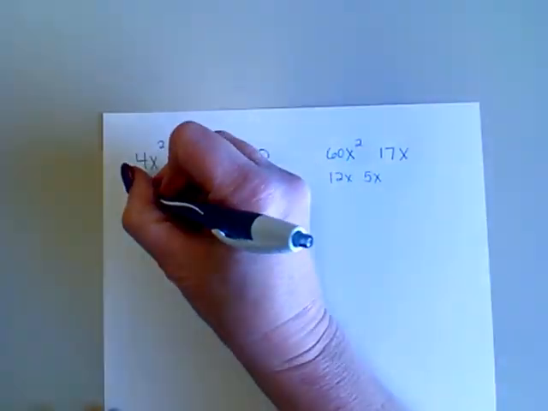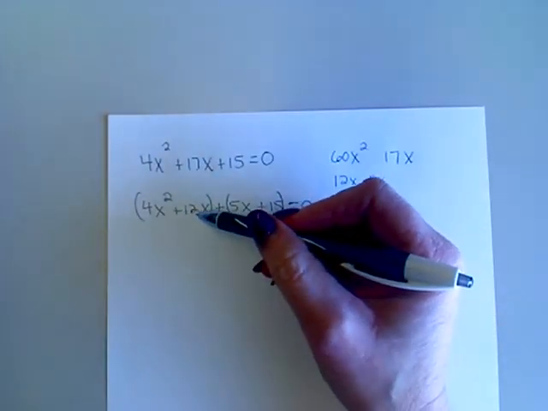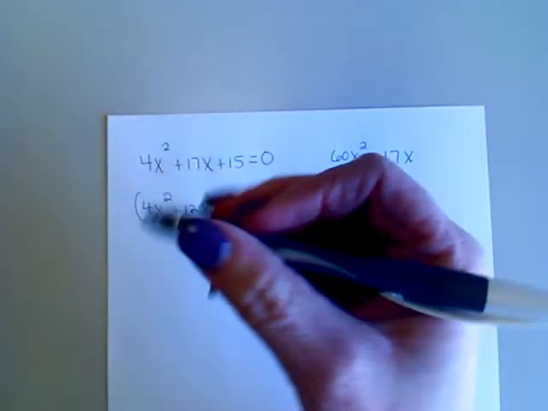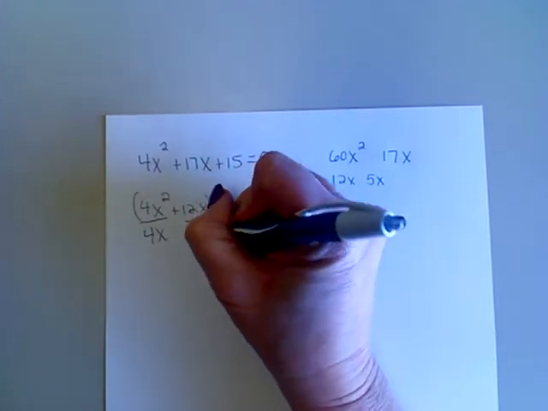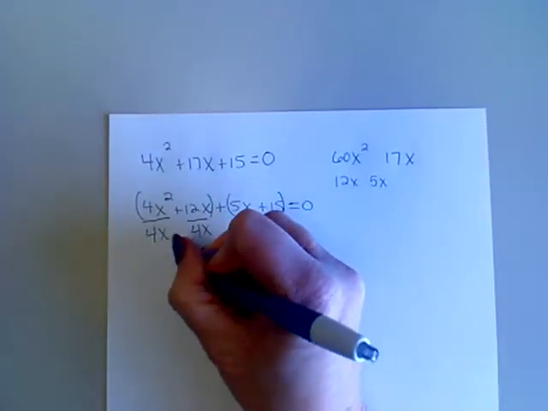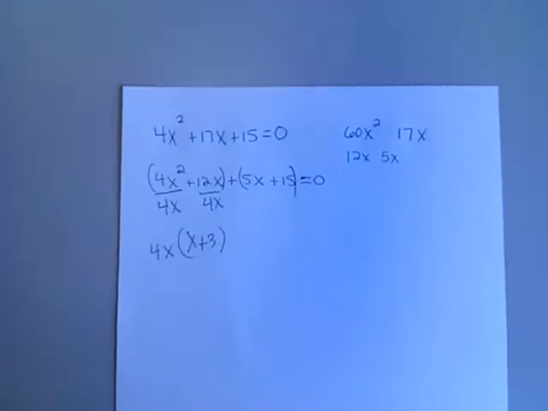And then from here, you factor by grouping. The greatest common factor in the first set of parentheses is 4x. Divide both by 4x, and you're going to get x plus 3 with your 4x out front.